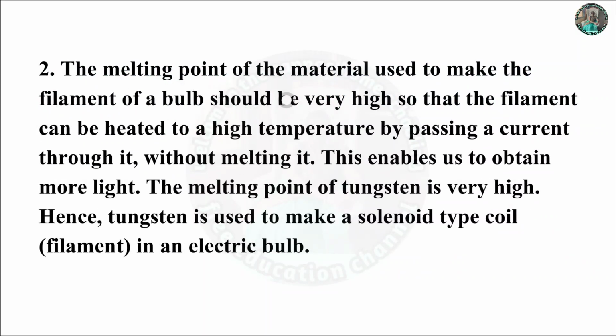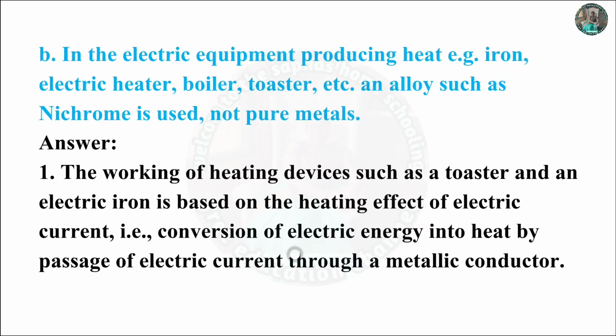The melting point of the material used to make the filament of a bulb should be very high, so that the filament can be heated to a high temperature by passing a current through it without melting. This is more important. This enables us to obtain more light. The melting point of tungsten is very high, hence tungsten is used to make the solenoid type coil filament in an electric bulb.